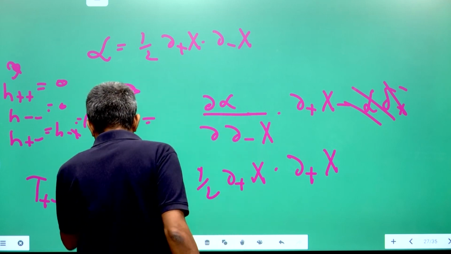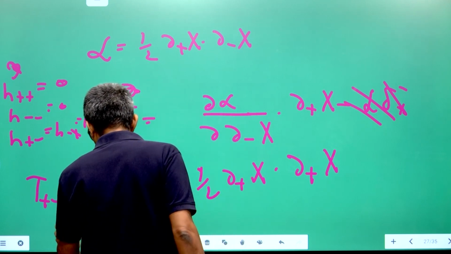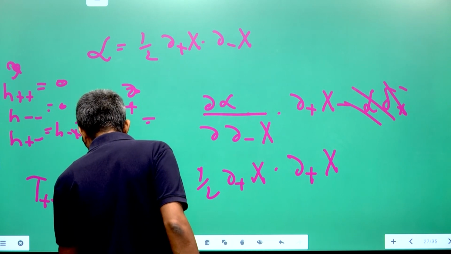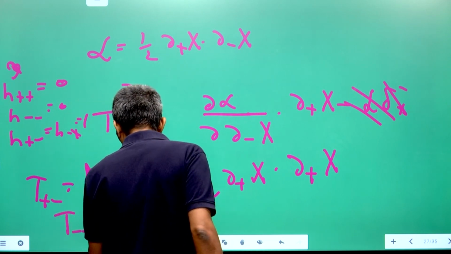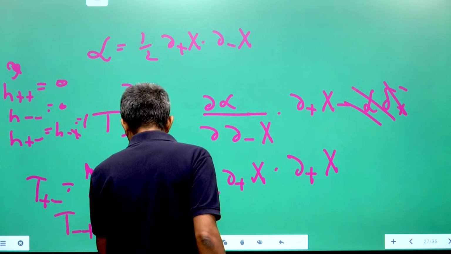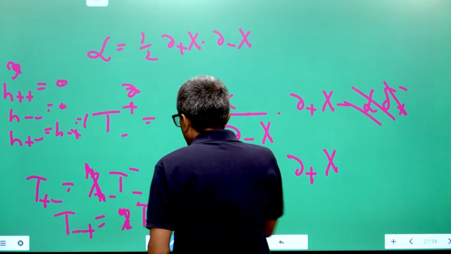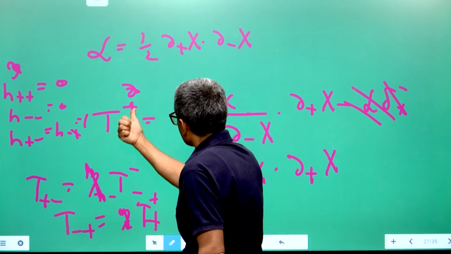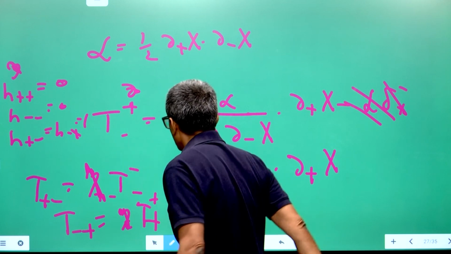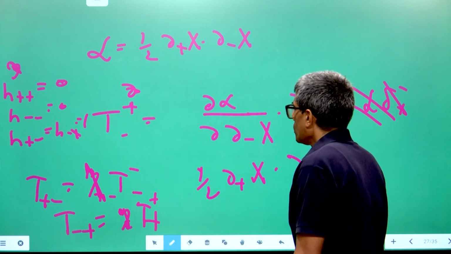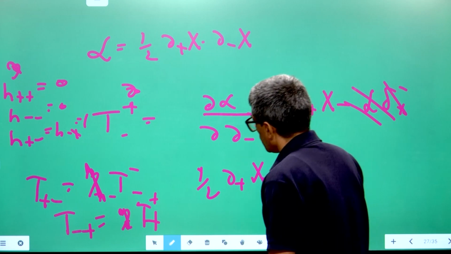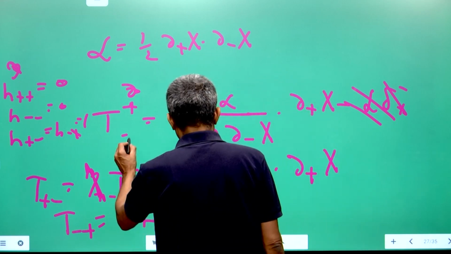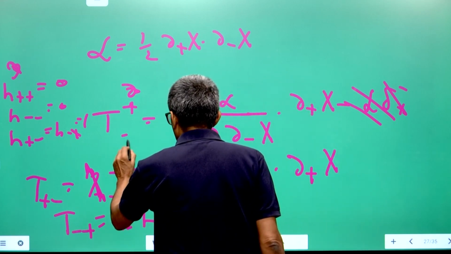Eta plus minus is the only non-zero component, so T minus minus is the non-zero component. Likewise T minus plus is nothing but eta minus plus times T plus plus. With plus being contravariant and minus covariant, that will be T plus minus.